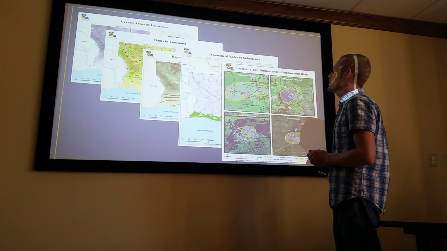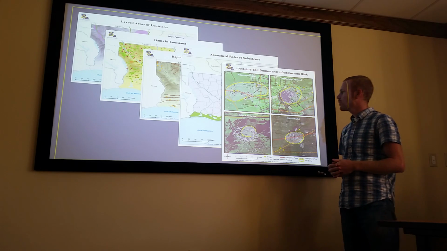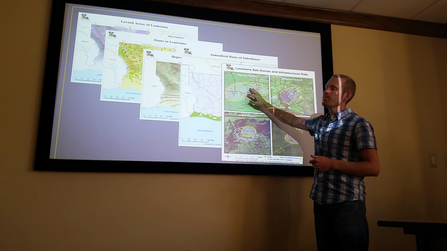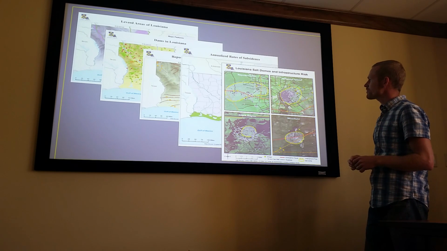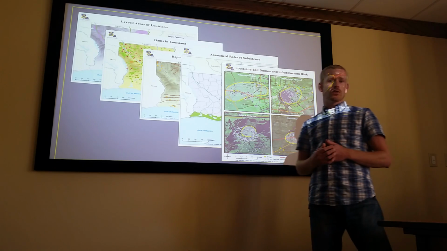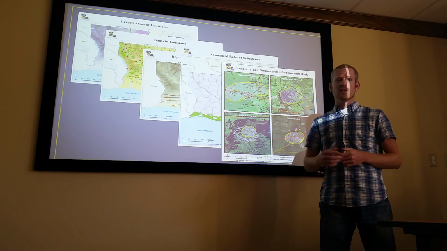Salt domes, major issue. We just came up on the 2-year anniversary of Bayou Corne, which is actually here with the Napoleonville salt dome. It's actually adjacent to that, or a part of that salt dome complex. So we mapped the location of pretty much every salt dome that we knew of, working with the USGS and the Louisiana Geologic Survey.